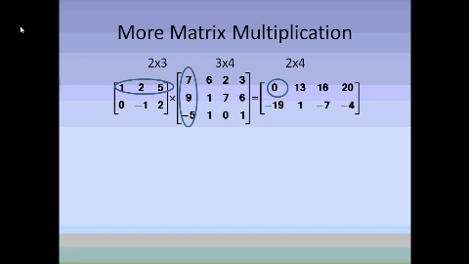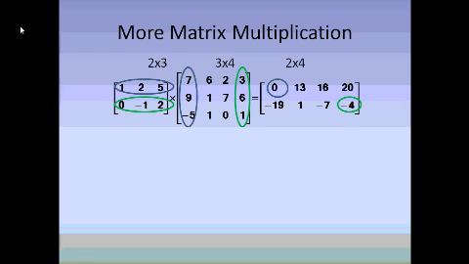To find the other elements, we continue with the same idea. For example, the second row of the first matrix multiplied by the fourth column of the second matrix gives us the element in the second row and fourth column of the final matrix, -4.